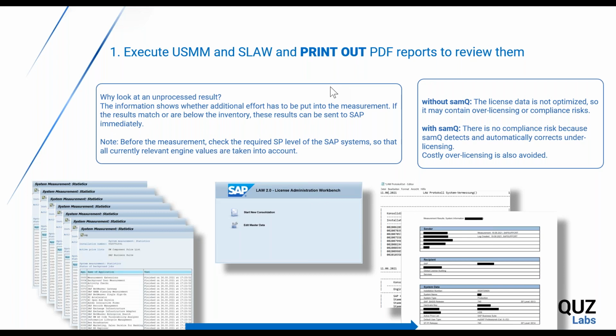So although you have to send the XML files to SAP, take the time and print out or export the PDF files to look thoroughly at the findings, because this will tell you what the actual finding means, what you're sending to SAP and how far this is relevant.